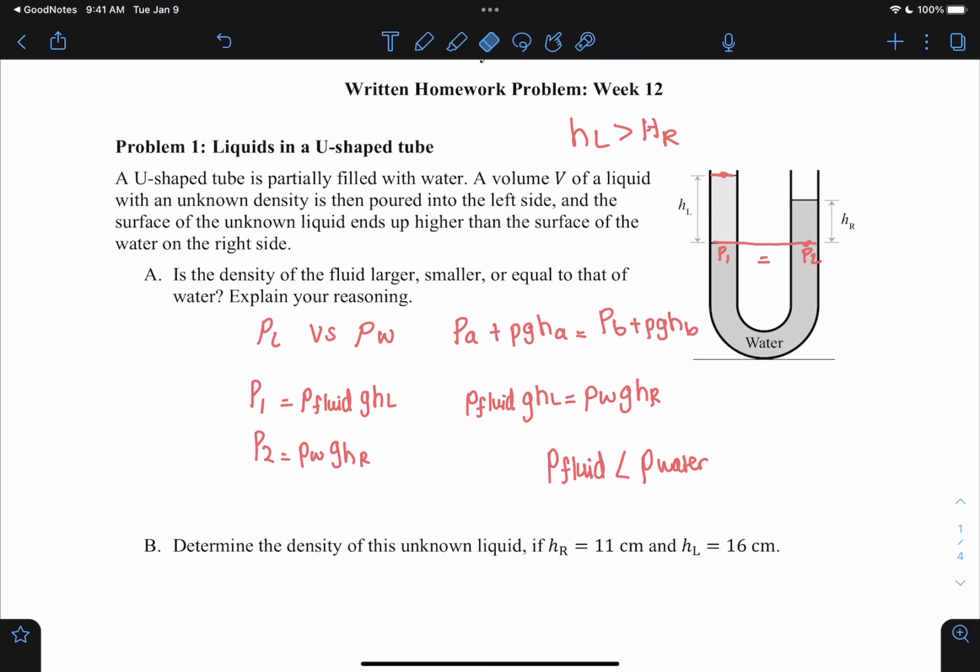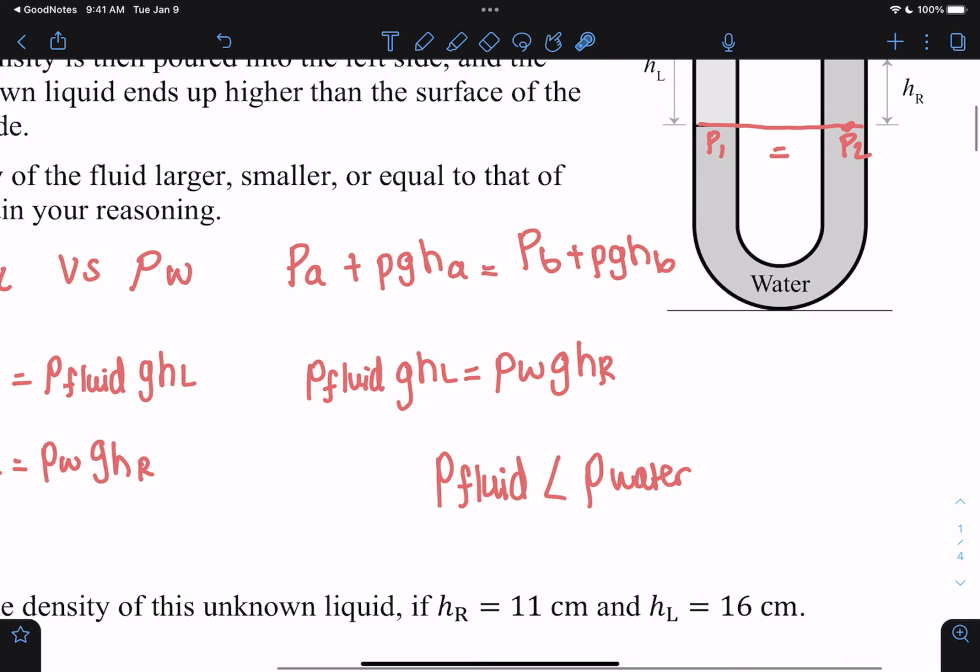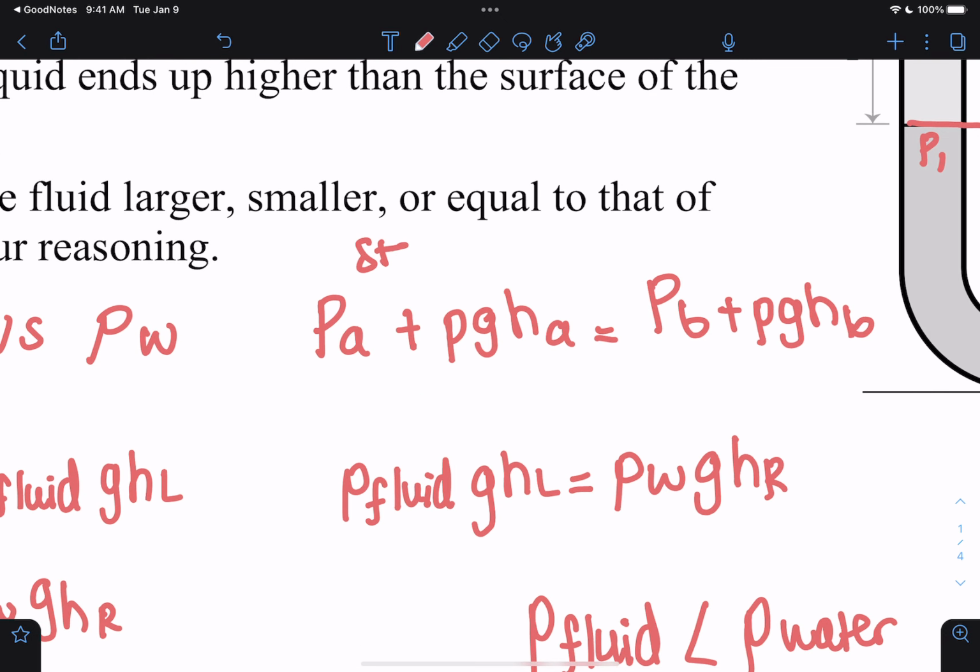Now, a side note, this is kind of MCAT stuff. This component right here, the pressure at a specific point plus the density times the gravity times the height at that point, together is what is called static pressure.